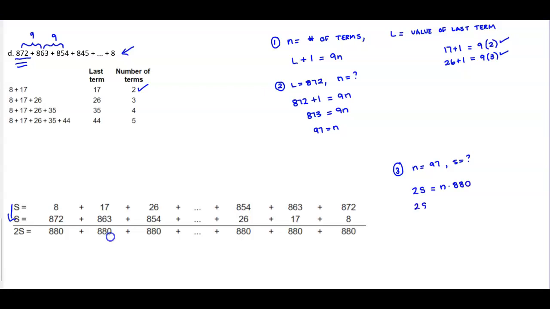So 2s is going to equal 97 times 880, which is 85,360. Divide both sides by 2, and s is going to equal 42,680. And therefore, we would say that the sum of the sequence is 42,680.